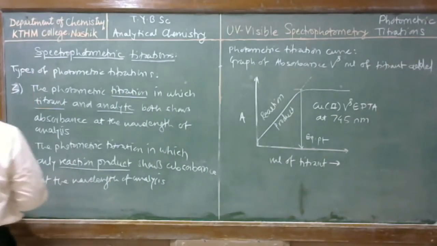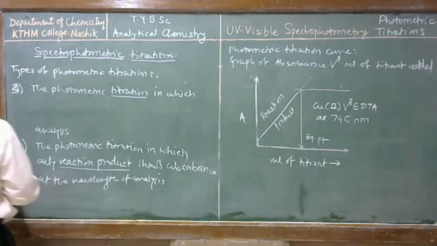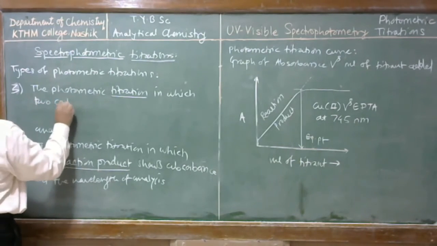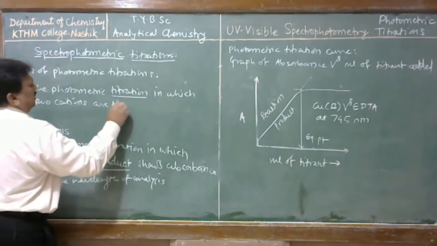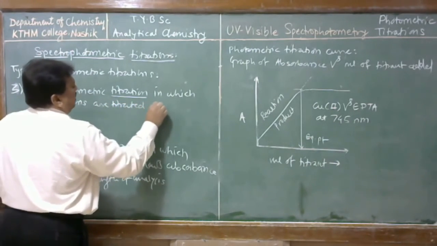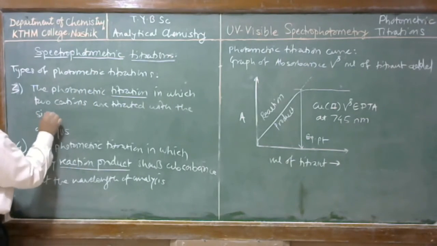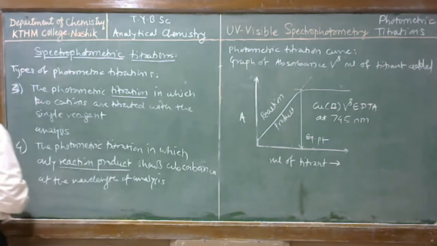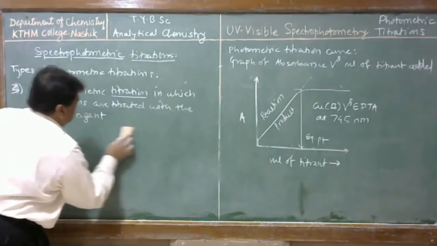Here, in the photometric titration, two cations are titrated with a single reagent, and we have to discuss what the nature of the titration curve is for this type.